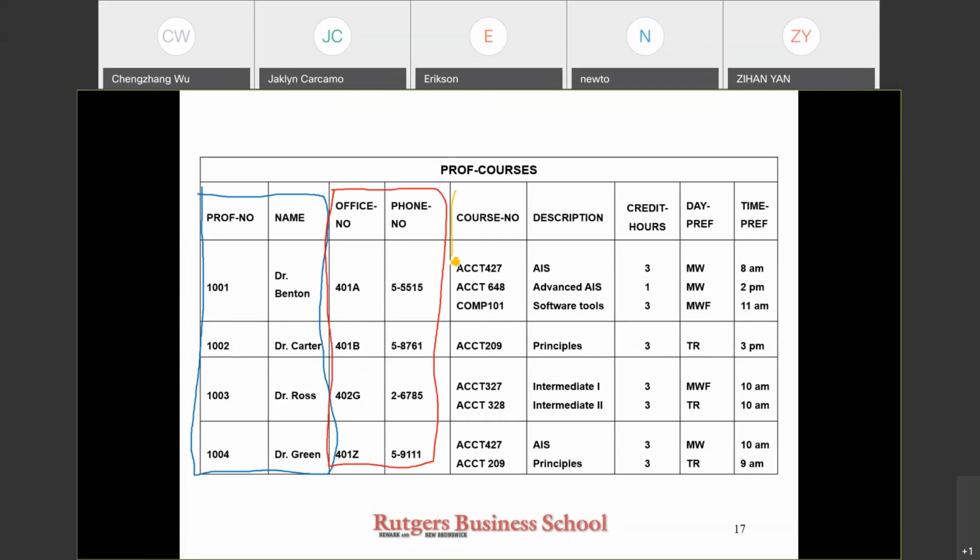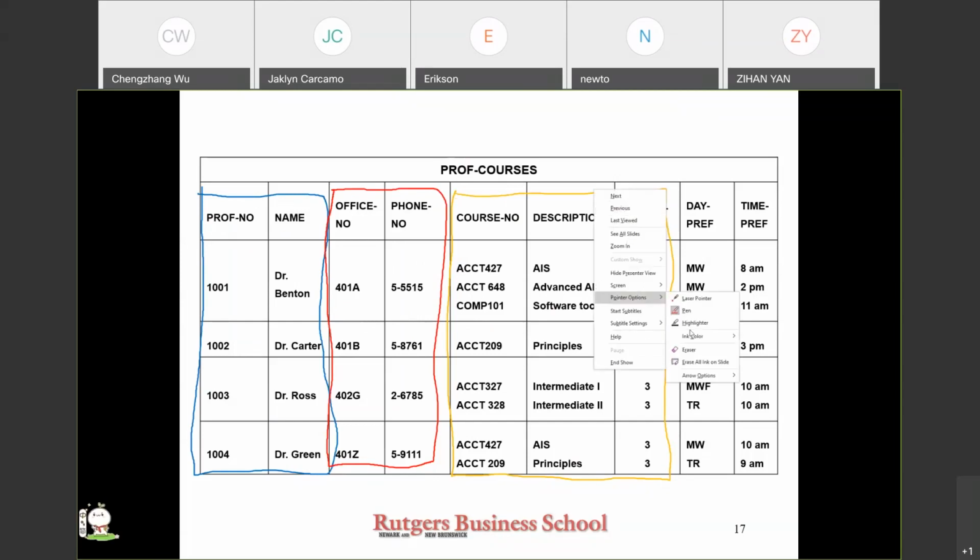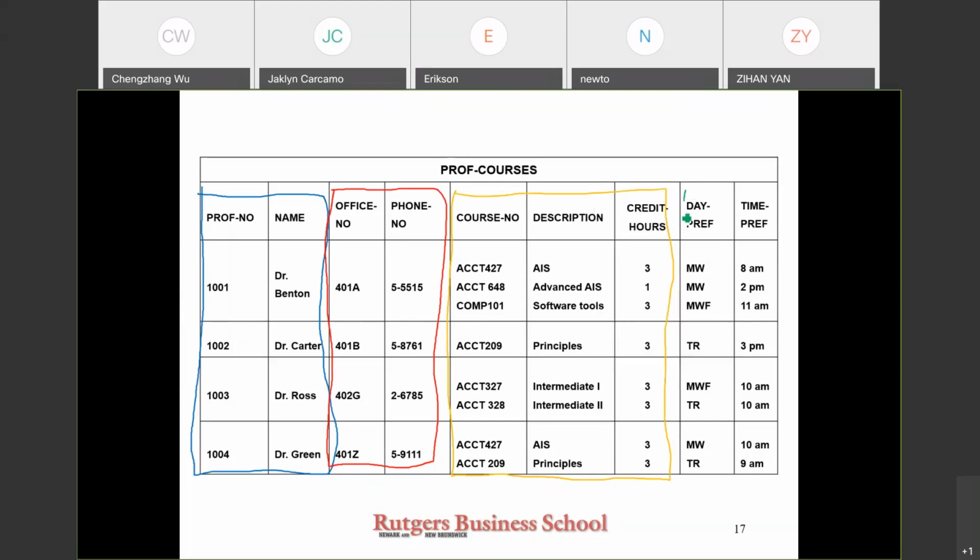Course number, course description, and credit hour. And the last 2 attributes are the preference of each professor's teaching schedule. Okay, let's see.